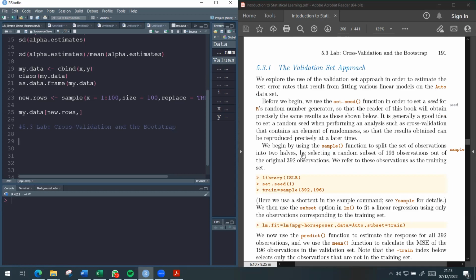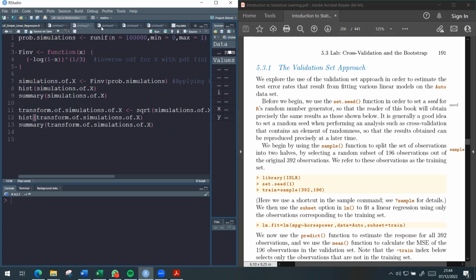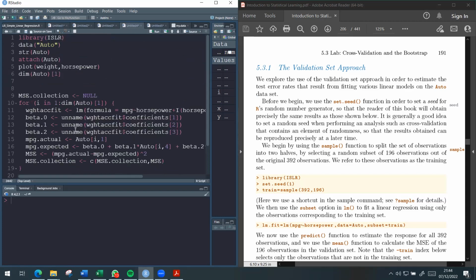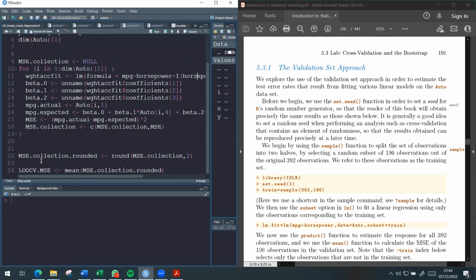And we had kind of done this, right, already, and we were very happy with our results that time. I think it was this one, right? Where we regressed miles per gallon on horsepower. We used the quadratic regression, so it's actually horsepower and horsepower squared, and we had calculated the leave one out cross-validation mean square error.